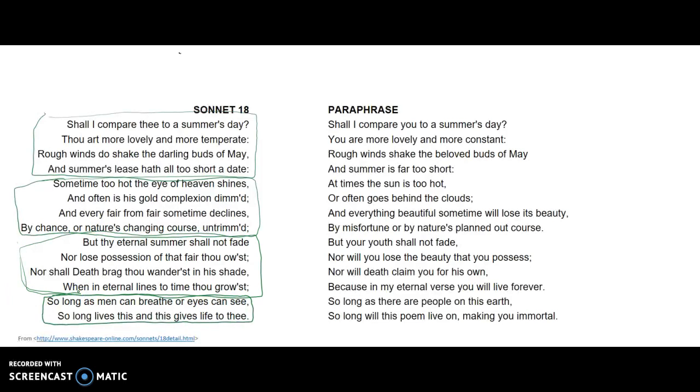This quatrain really is comparing, it's asking his lover if he should compare her to a summer's day, but he kind of guesses himself because actually the person he loves is more beautiful than a summer day. Quatrain 2 talks about the ebb and flow of nature, and how the sun rises then sets, and nature's constantly changing.